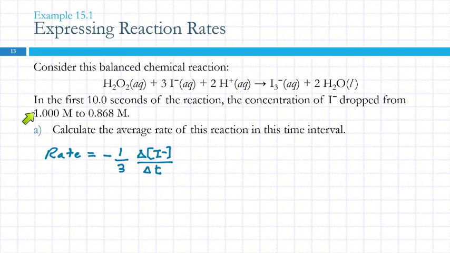They tell us that it started at 1 and went to 0.868. So delta [I-] is the concentration at the second time minus the concentration at the first time. So it ends up at 0.868, and it started at 1.